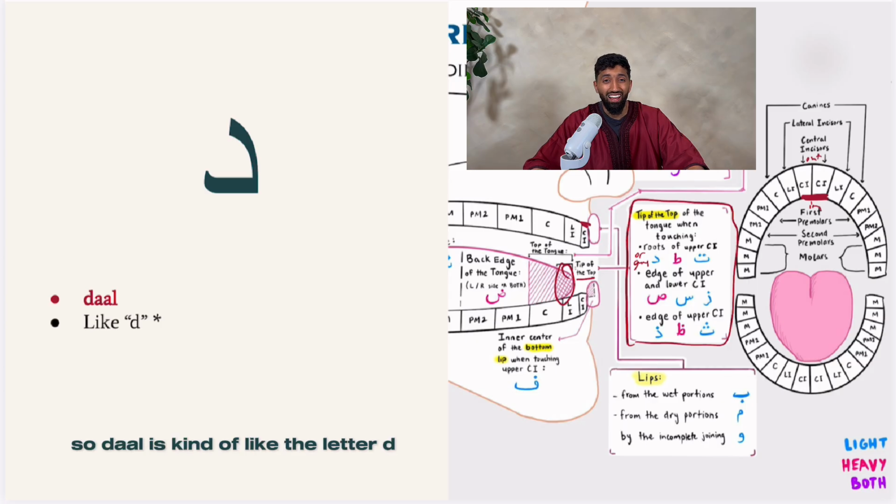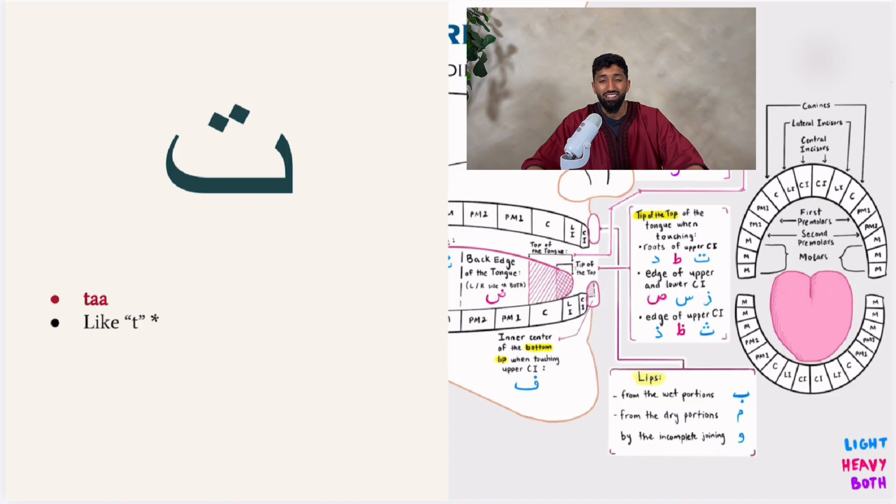So dal is kind of like the letter D, but D comes from more of the hard palate. We have to bring that makhaarij down a little bit to the gums themselves, and we get dal. In my opinion, it's a little softer than D, but it's dal. The next letter that comes from the same spot is ta.